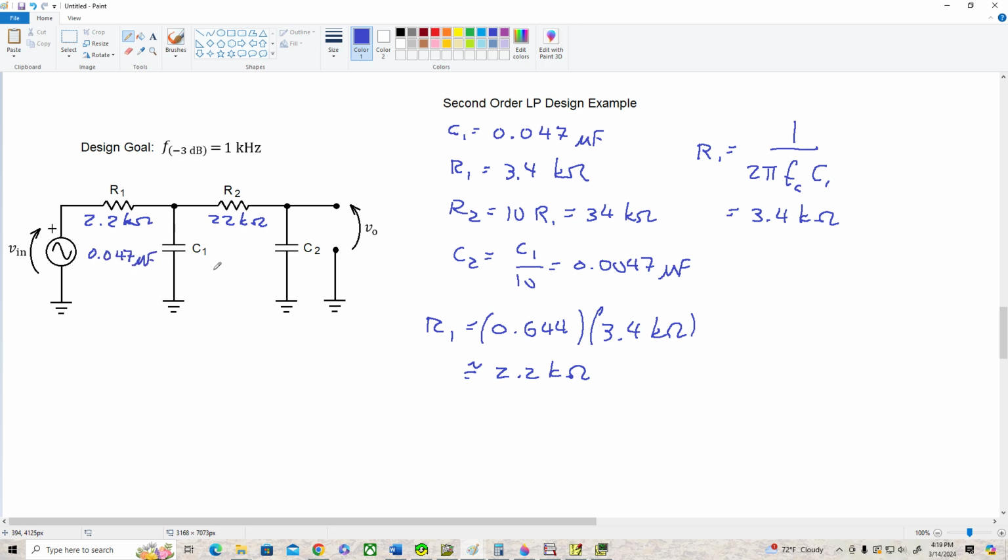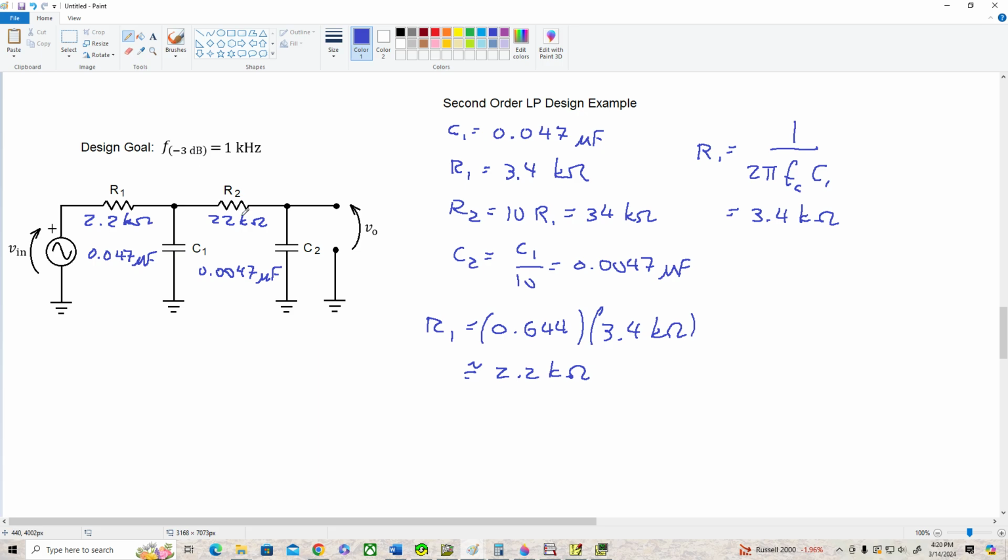And C2 is 1/10 of that, 0.0047 microfarads. And there we have our second order low pass filter with a 3 dB frequency of pretty close to 1 kilohertz. All right. If you have access to PSpice, I recommend that you maybe draw this circuit up and see what it gives you. Okay, that would be good practice.